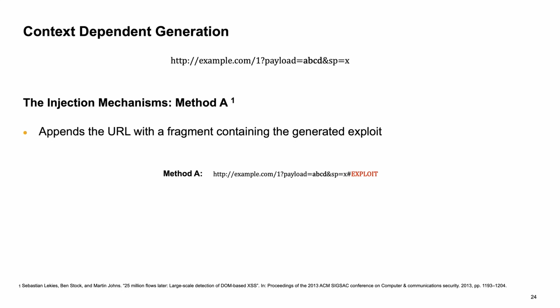It consists basically of appending an exploit to the end of the URL as a fragment. For example, we suppose that we have this URL and the tainted part is abcd. With method A, the URL will look like this and the exploit will be present in the fragment.